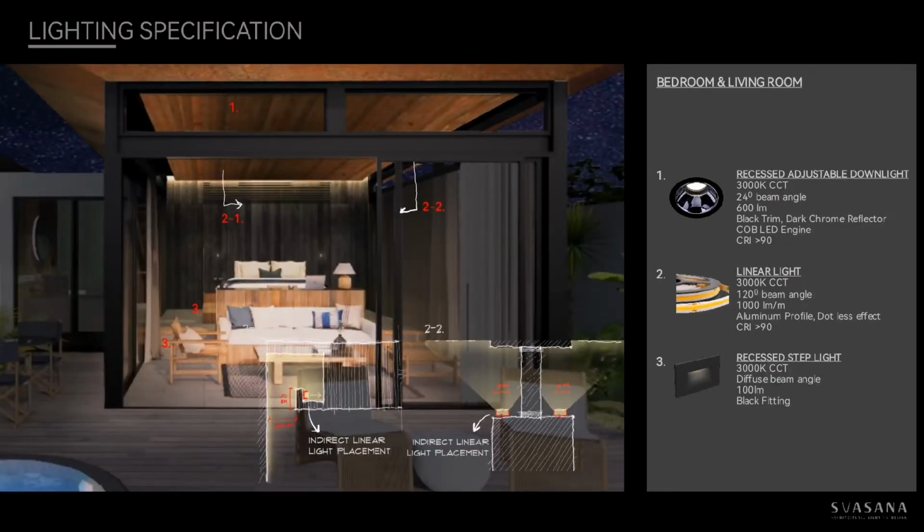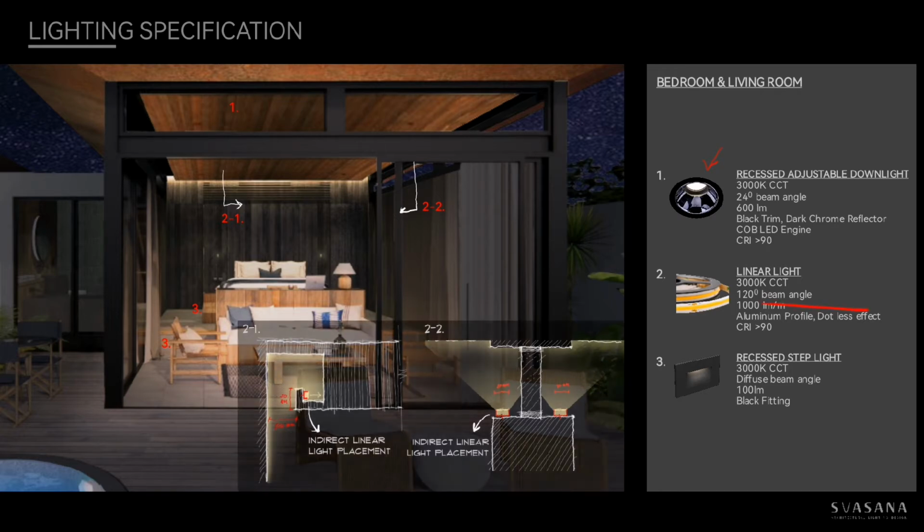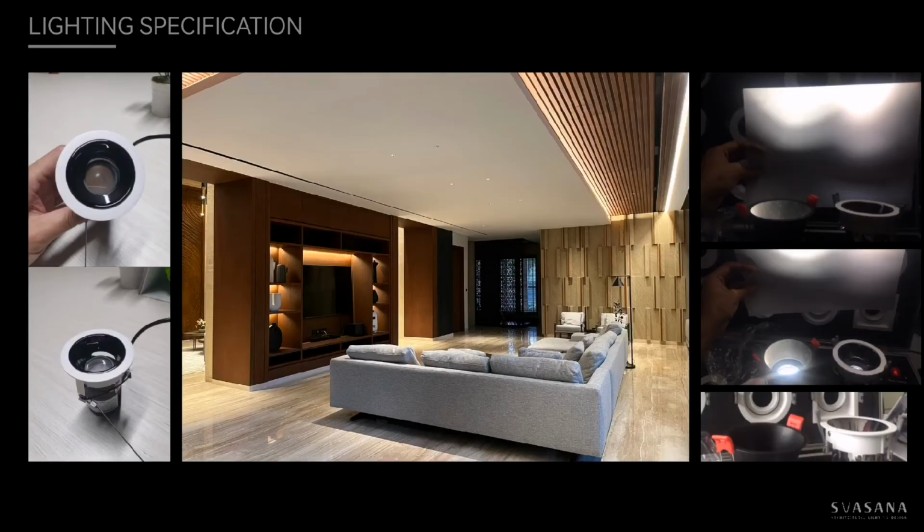Okay, the next one is the lighting specification. Actually no different from before. I propose a downlight with dark chrome reflector like this one. So this is the example of the dark chrome reflector.